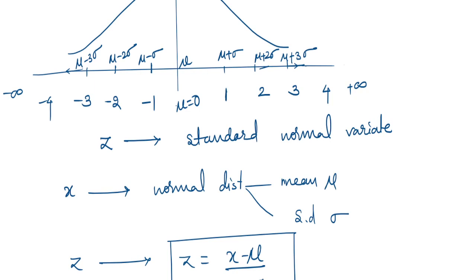So here if z is equal to 1, it is 1 standard deviation from the mean, z is equal to 2, 2 standard deviations from the mean. If we are considering z is equal to 3, it tells us that the distance is 3 standard deviations from the mean. And if I am taking 3.5, so 3.5 standard deviations from the mean.